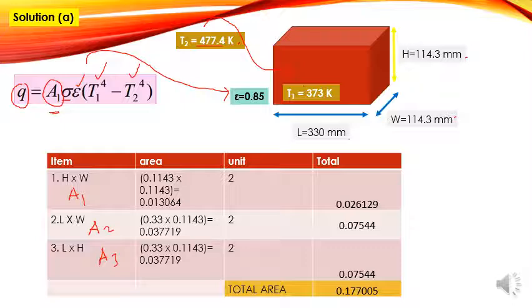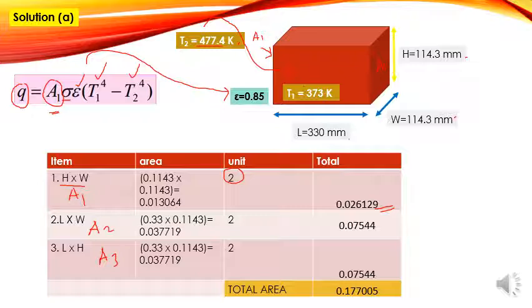Height times width is at this surface, so A1 here. Don't forget that we also have another A1 at the other side. So for the total area of the first one, we have two surfaces with A1 value, so I multiply by 2. So I got this total value for the A1 surface.